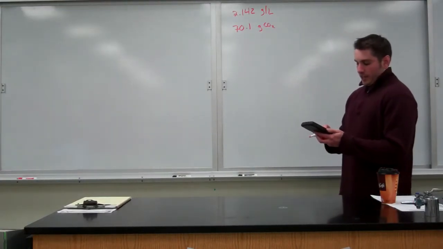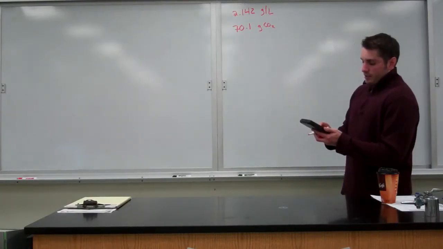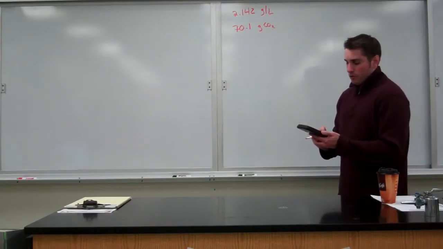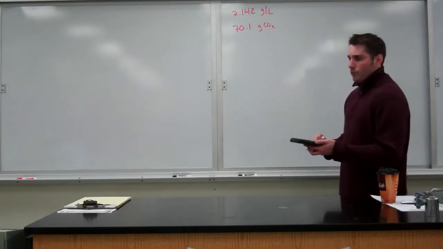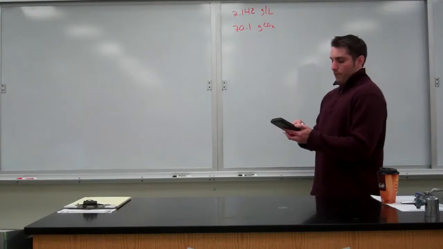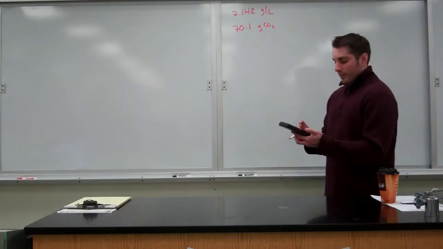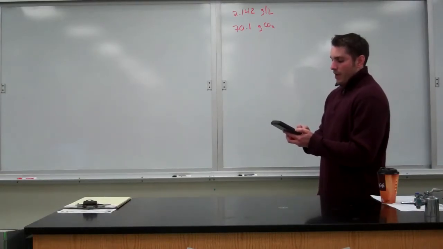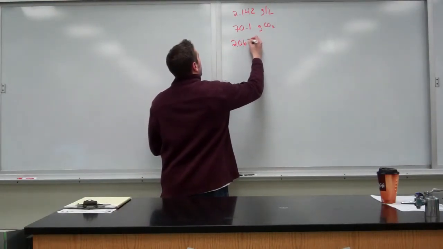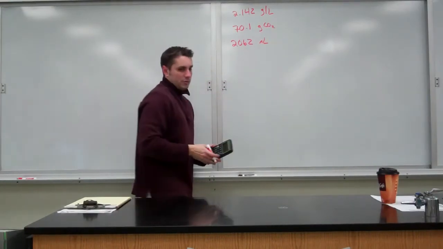You would take your 6.524 grams of chlorine divided by 70.90 grams underneath 1 mole to get it into moles, times 22.414 liters over 1 mole, and then to convert liters to milliliters, multiply it by 1,000, which would lead me to a value of 2,062 milliliters.